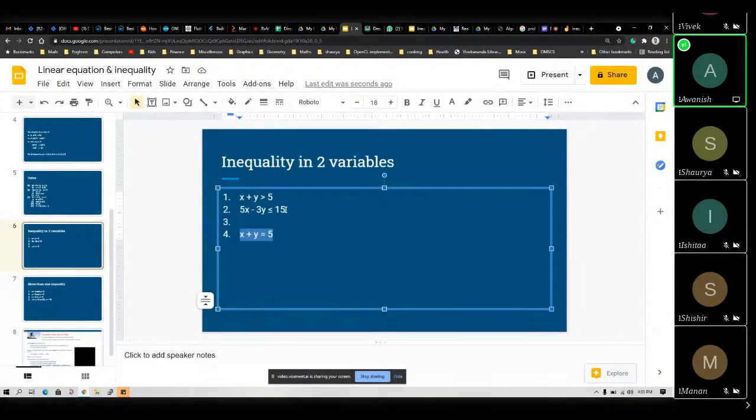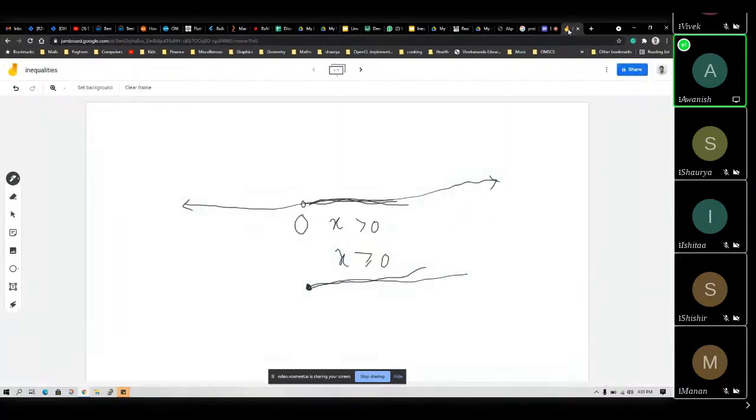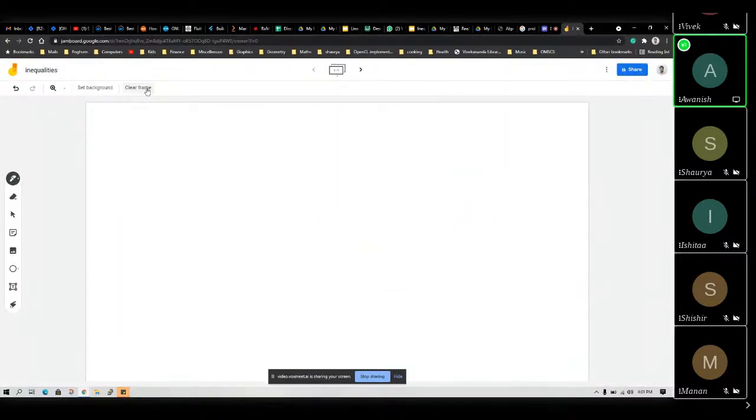Since it has got more than one kind of values which are possible to satisfy this equation, let's try to do it once again, this time on a graph paper. That means when we have two variables, one on the vertical axis, which is called y, and one on the horizontal axis, which we call x.